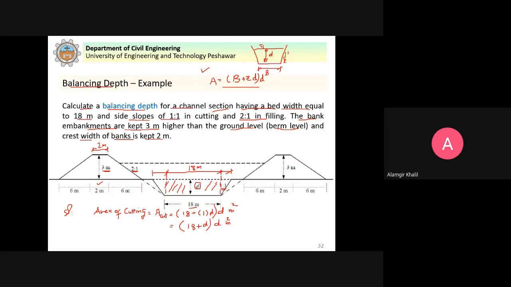Now the slope is 1 to 1, so the depth is D, this horizontal distance will also be D here, and similarly this will be D.